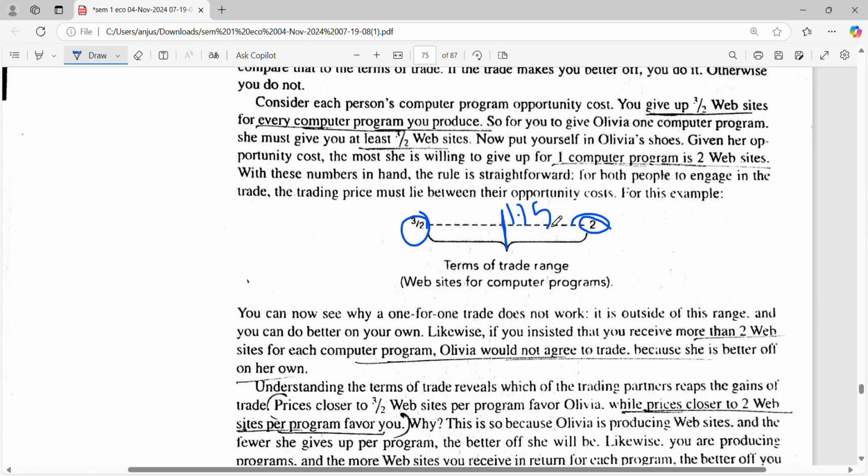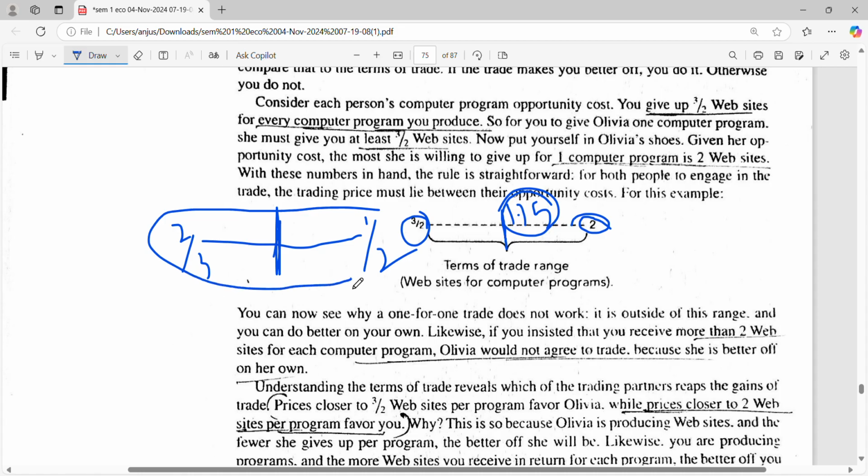So in between this, the price will be set. Again, if we speak of computer programs for websites, it will be 2/3, and in between this the price will be there for computer programs for websites.